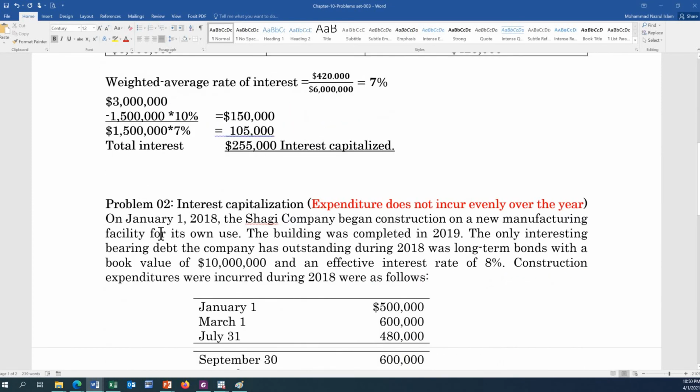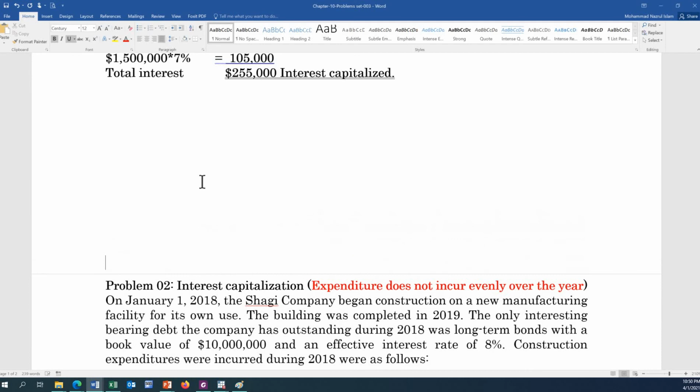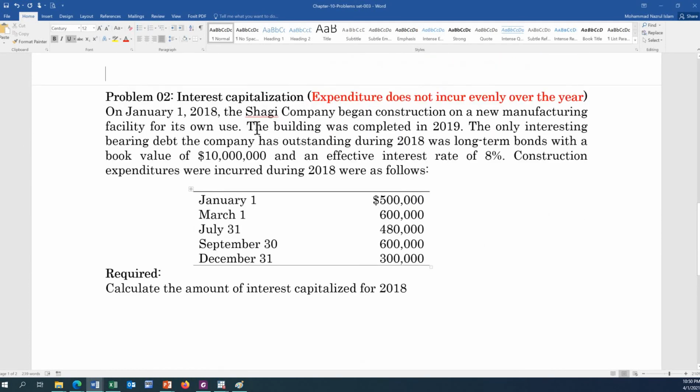And now come to the second one. So here is the second problem. Let me go to the second page. On January 1, 2018, the company began construction on a new manufacturing facility for its own use. The building was completed in 2019, so it took 2 years, 2018 and 2019.